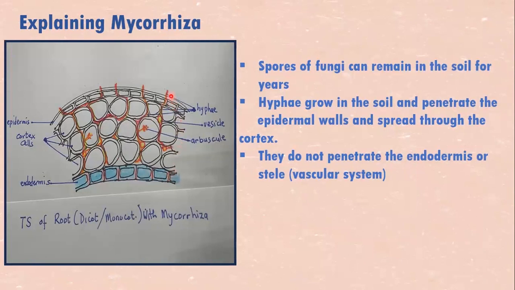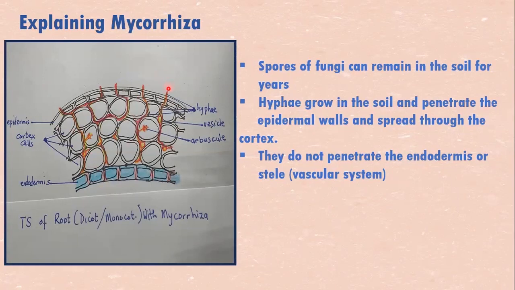So here, the fungi in the soil, this is a section of a root showing the epidermis, showing the cortex, showing the endodermis. We didn't show the xylem, but it's here. All right. Now, here we can imagine spores of fungi are here. They are growing. They grow hyphae in the soil.